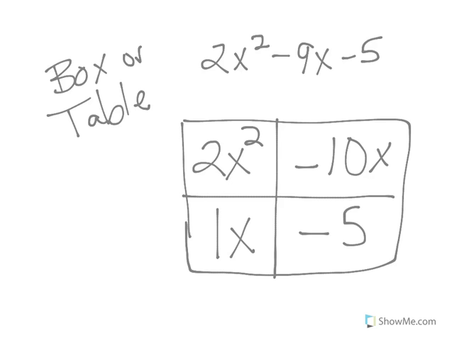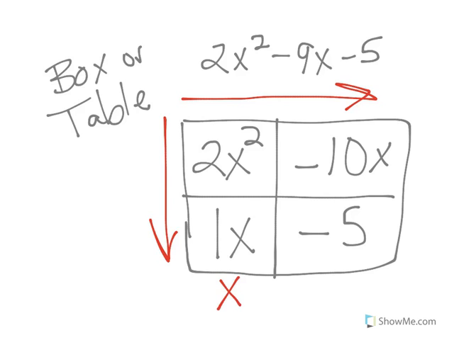Now we read our box from top to bottom and from left to right, and we're looking for common factors of each row and each column. 2x squared and 1x have a common factor of x.